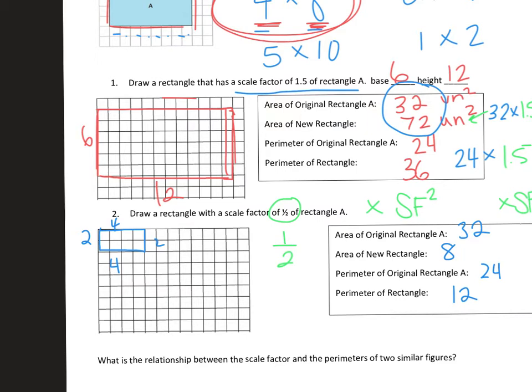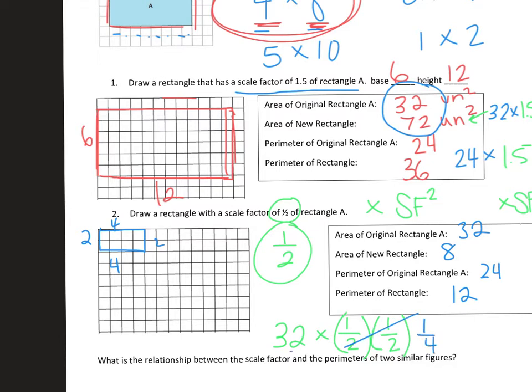Let's see if this made sense. Our original area is 32, and we're going to multiply it by the scale factor squared. So 1/2 times 1/2 is 1/4.